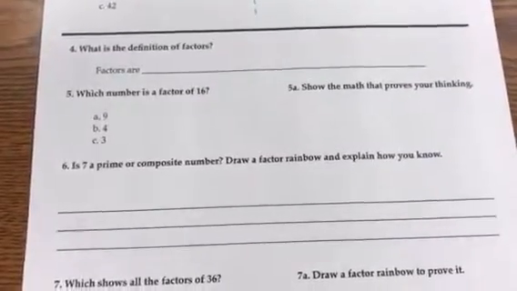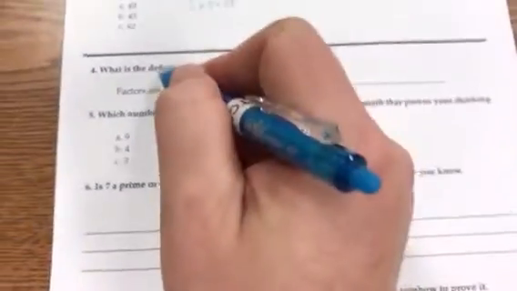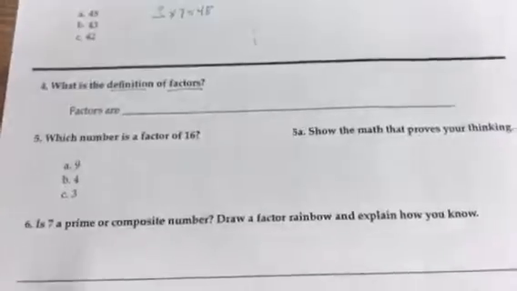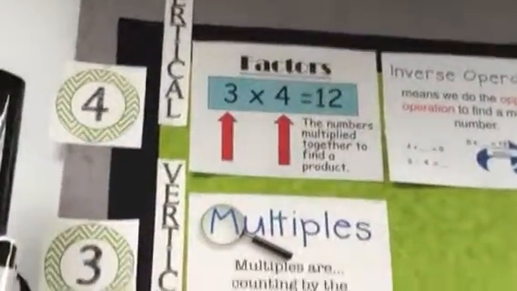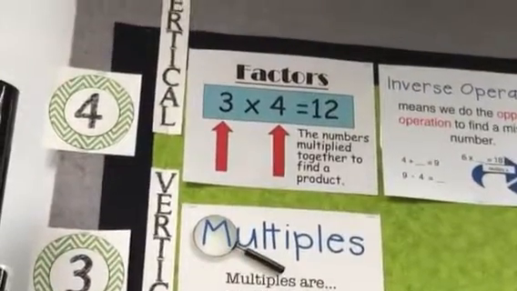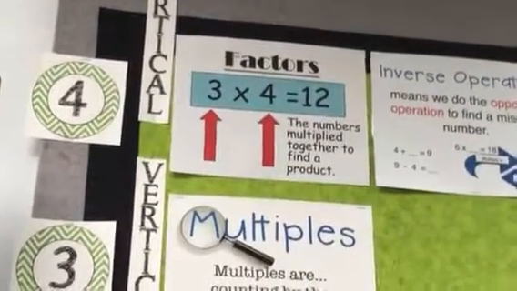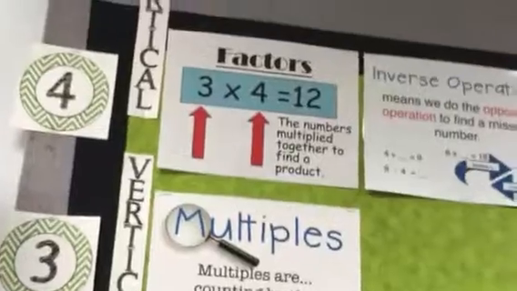Now we're on to factors. So underline definition of factors, and we have to be thinking, oh, what are factors? Do it with me. Ready? 3, 2, 1, go. Factors are the numbers multiplied together to find a product. All right, so let's go ahead and write it down here.